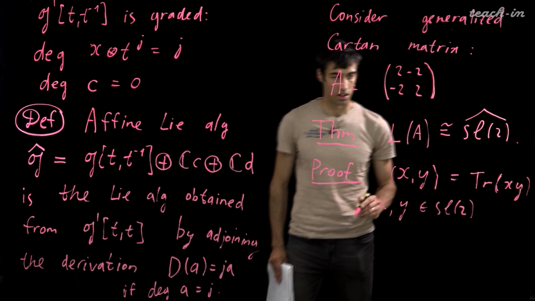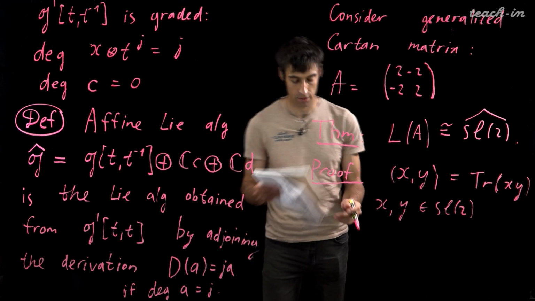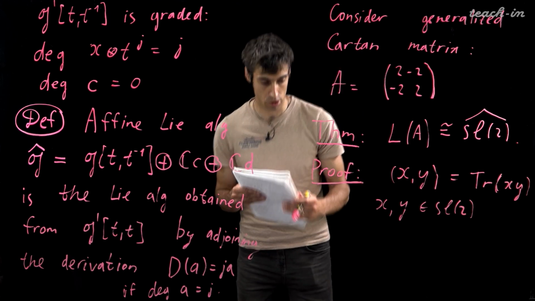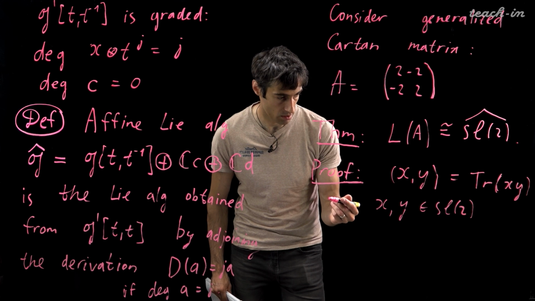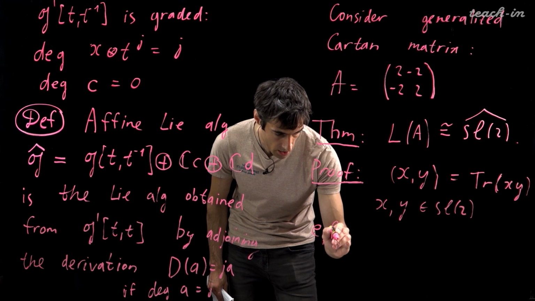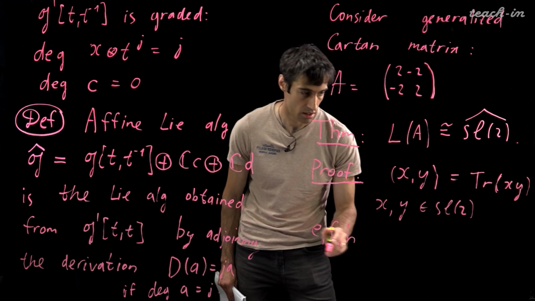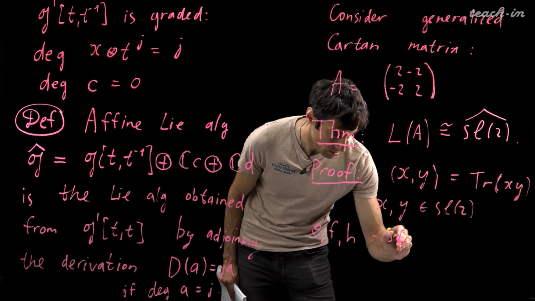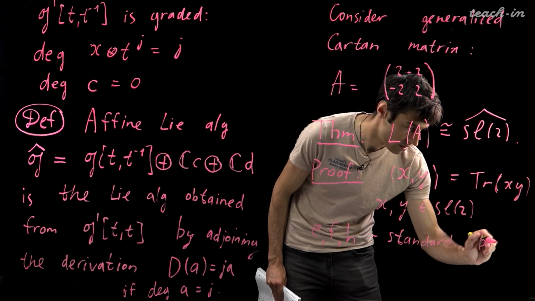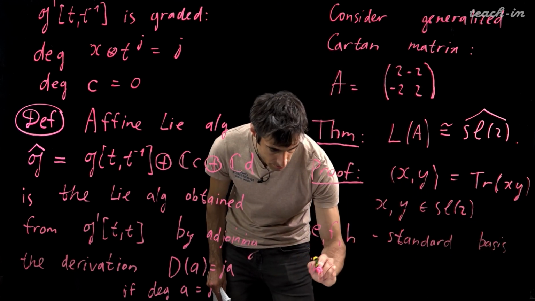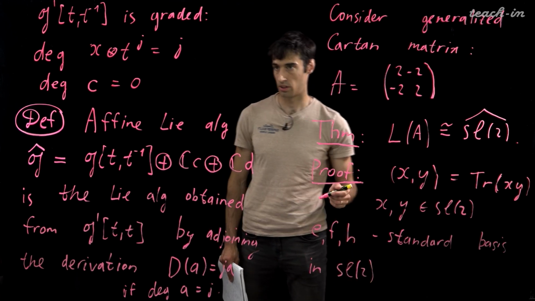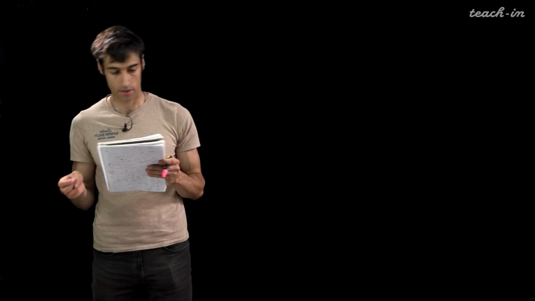All right. So this is the form that I fix for the rest of the proof. And then also let me recall my usual standard notation. We have E, F, and H. This is the standard basis in SL2.